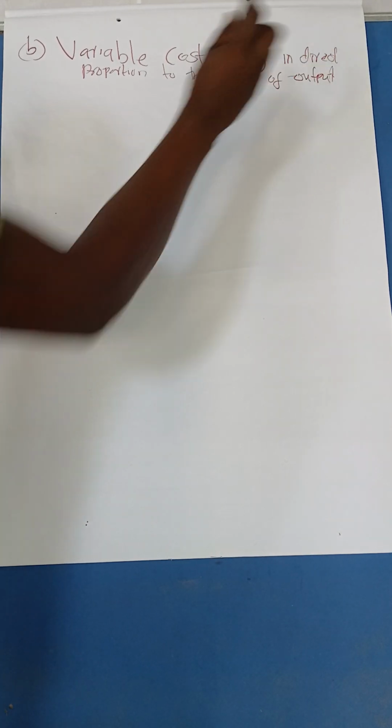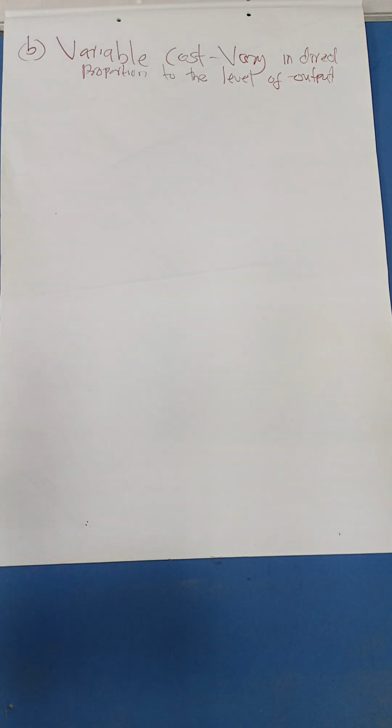That is variable cost, a cost that varies in direct proportion to the volume or the level of output. So when the volume of output increases, variable cost also increases, and vice versa. Good.